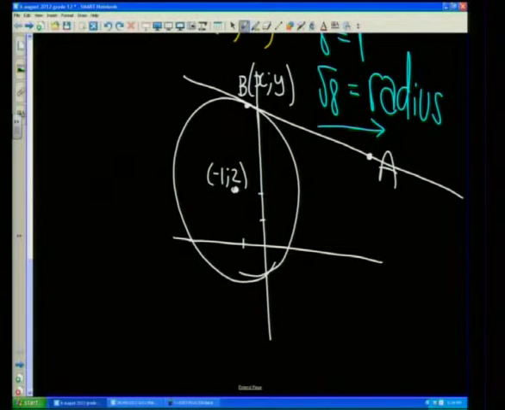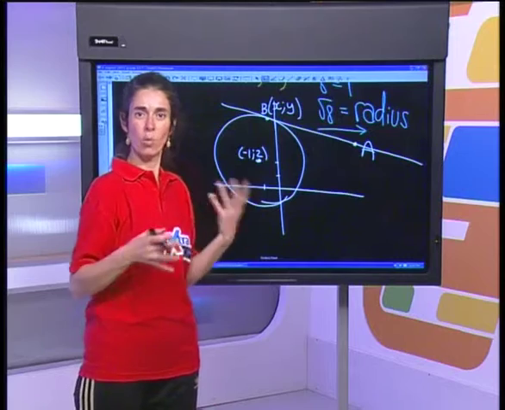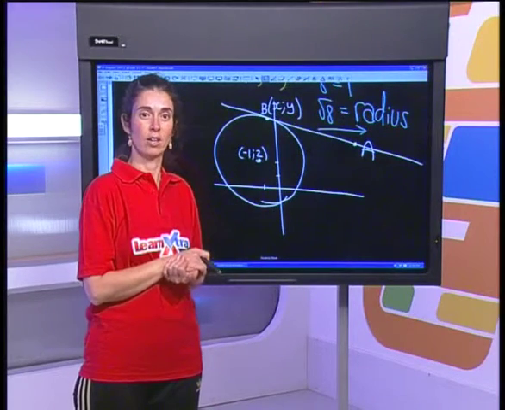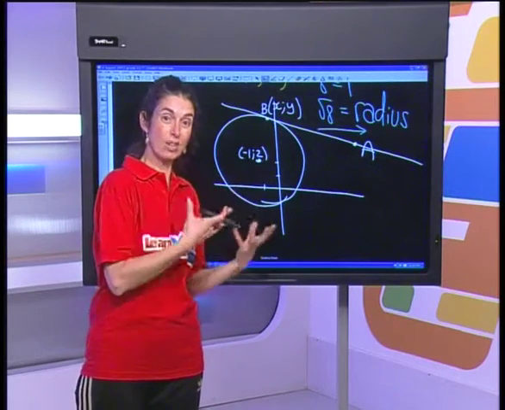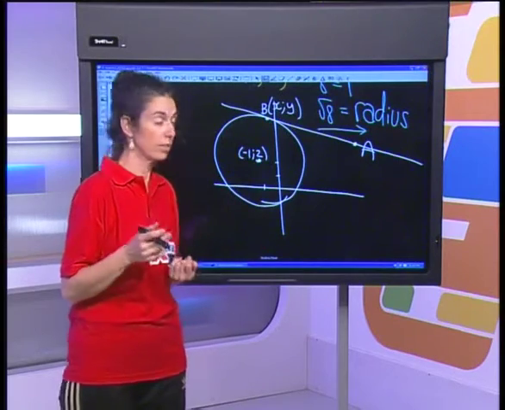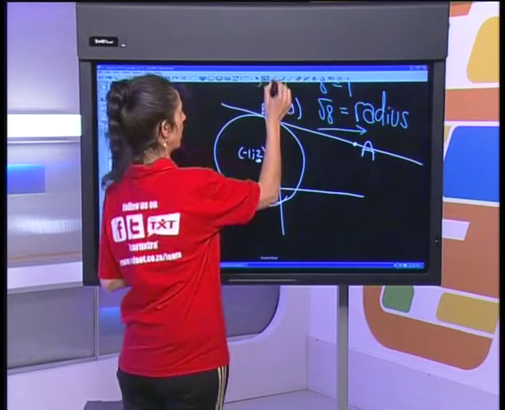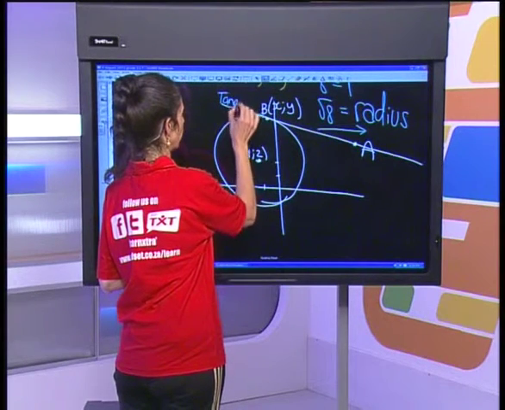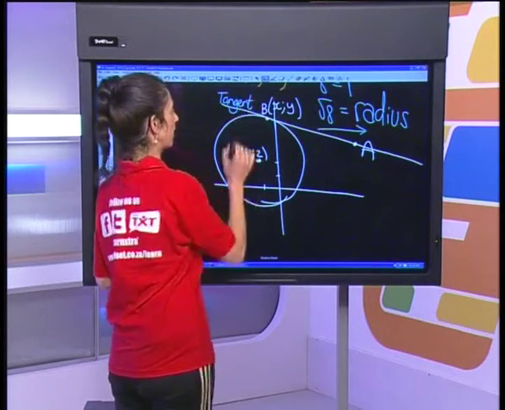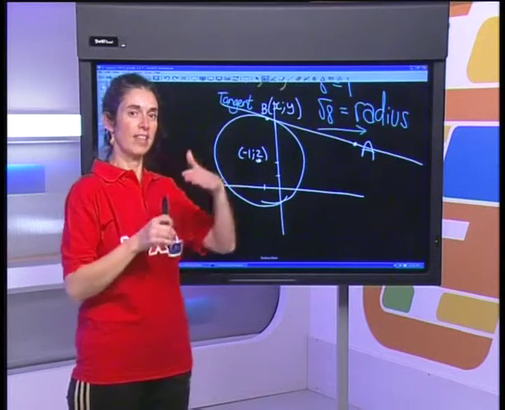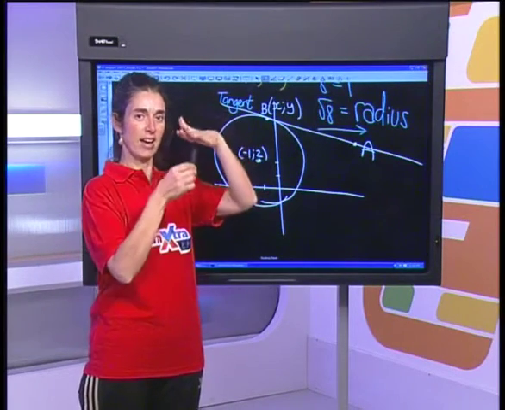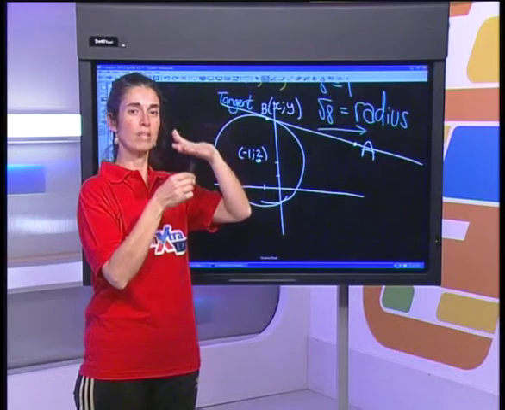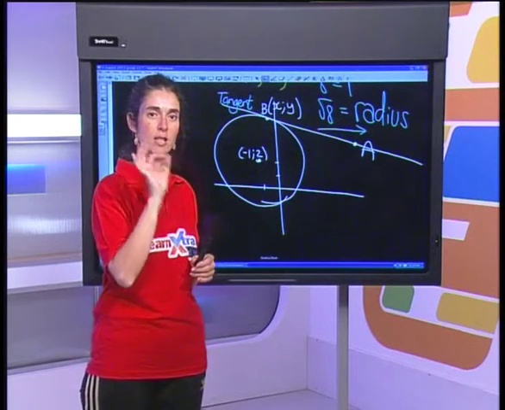With this kind of empty diagram, you've got to begin to argue. Exactly what do I know? What else can I fill on the picture? What else have I worked out or calculated that I can draw in? The moment you have this tangent, remember, there is a property that comes from Euclidean geometry, and that is that all radii that meet that tangent will always meet it at a very special angle.